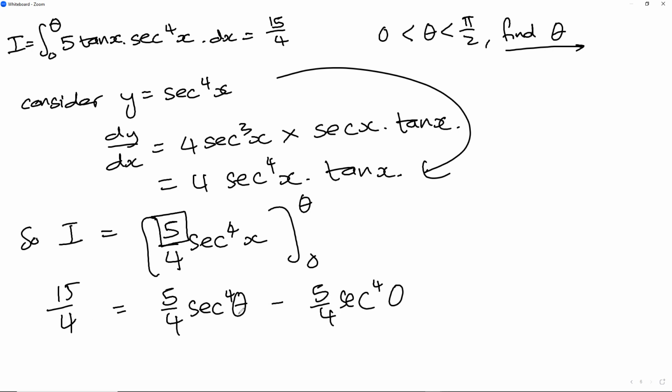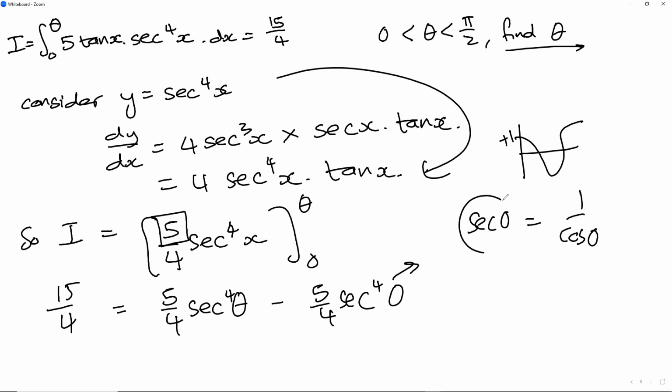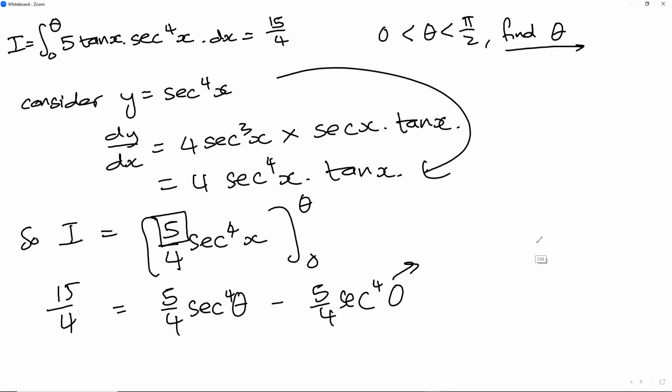Remember, sec of 0 is the same as 1 over cos of 0. And what is cos of 0? Cos of 0 is positive 1. So this is going to be 1, which means 1 to the power of 4 will be 1. So this whole thing will become 1, basically.